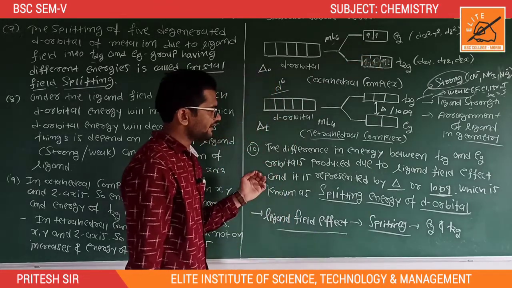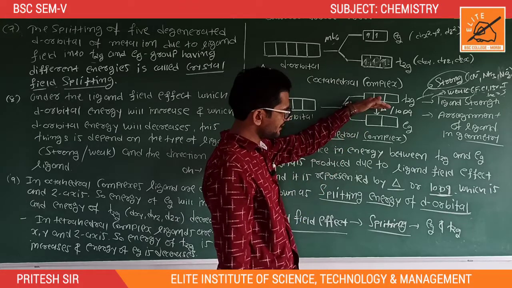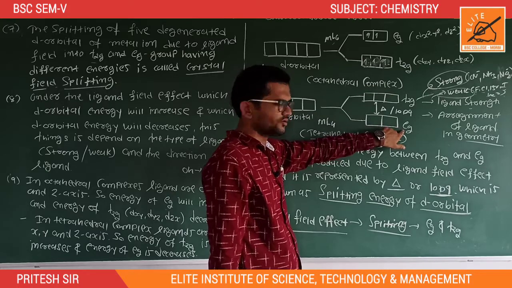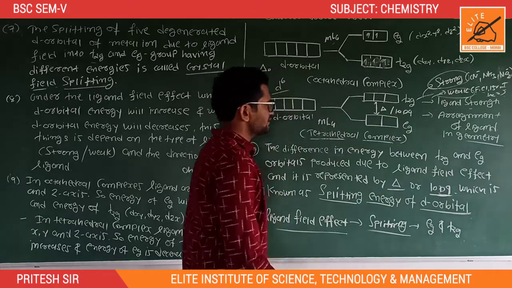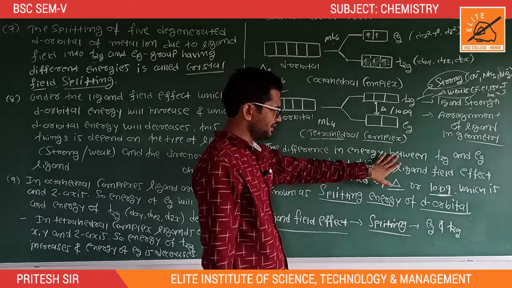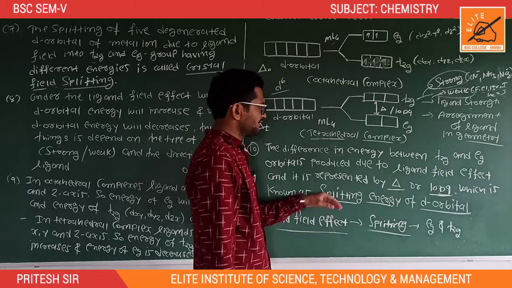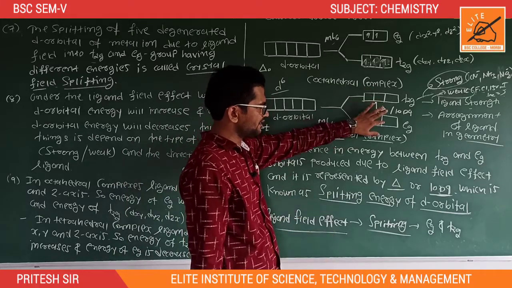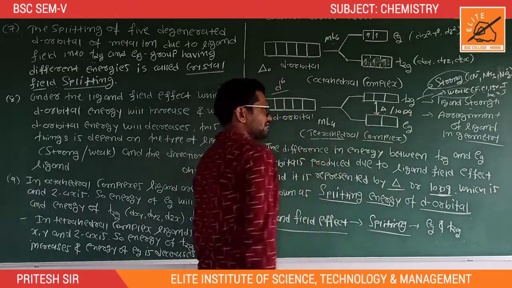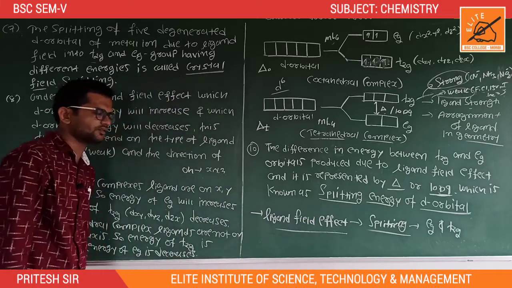But in tetrahedral complexes, ligands are not on the axis, so the energy of t2g increases and the energy of the eg orbital decreases. The ligand field effect creates an energy difference between t2g and eg, denoted by delta or 10 Dq. This is known as the crystal field splitting energy of the d orbital.